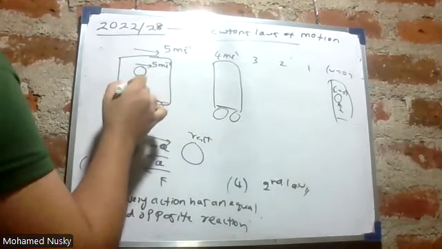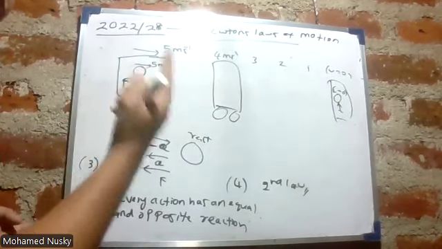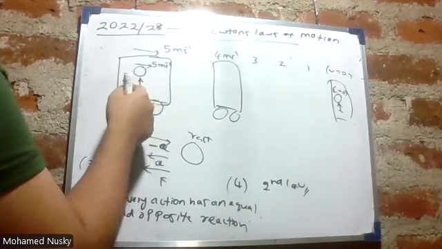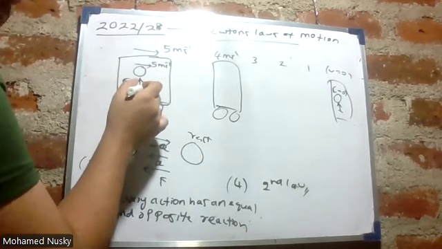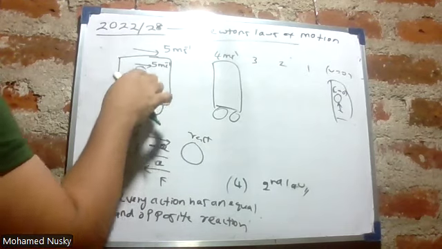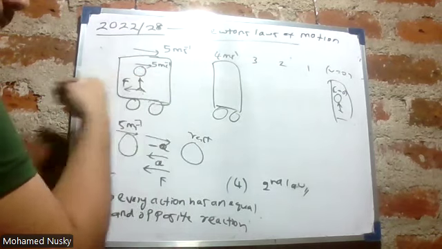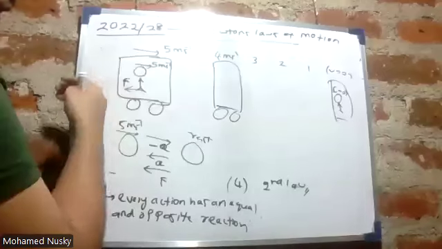Now, a force will be acting on the person in the backward direction. Friction will create a force. This force will pull the person's leg because the leg is in contact with the surface. This surface will pull the person's leg in the backward direction.